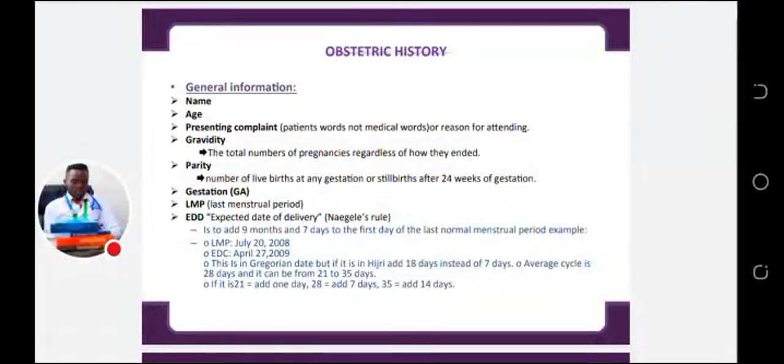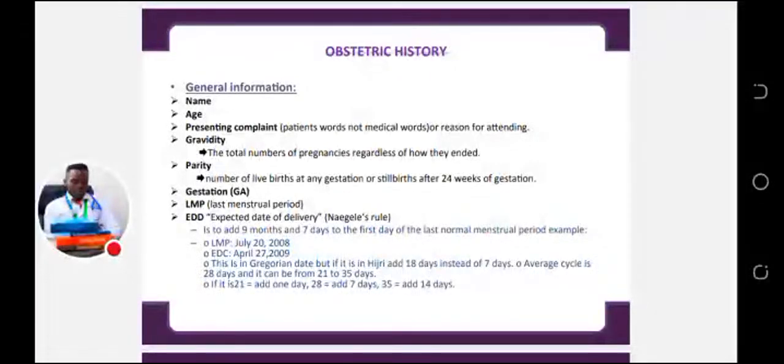Remember, the gestation period is the period between when one conceives up to the time that person will give birth. That period we call the gestation period.